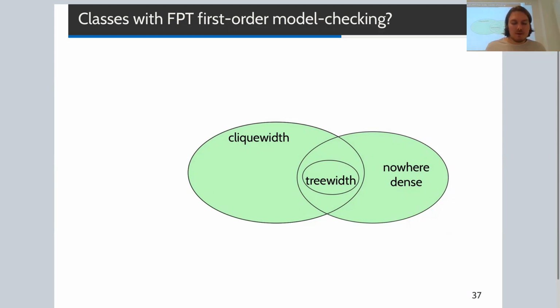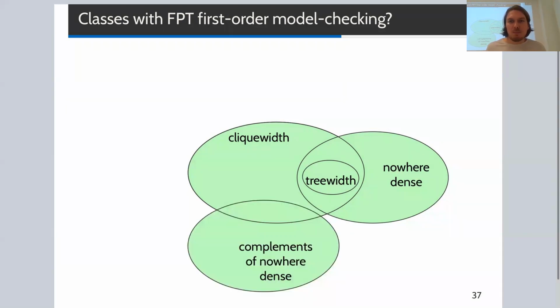And we're going to start with a very trivial example, which would be complements of nowhere dense graph classes. So a graph class is a complement of a nowhere dense graph class if you can complement each graph in the class and you get a nowhere dense graph class. And it's quite simple to see that complements of nowhere dense graph classes are also tractable.